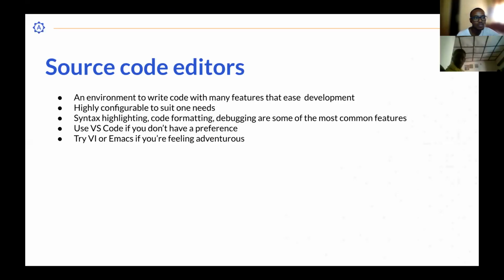They are environments to write code with many features for development. They are highly configurable. They have features like syntax highlighting, code formatting, debugging, and even things like undo and redo, but this is also common in word processing software like Microsoft Word. So that's why I did not put much attention to that.